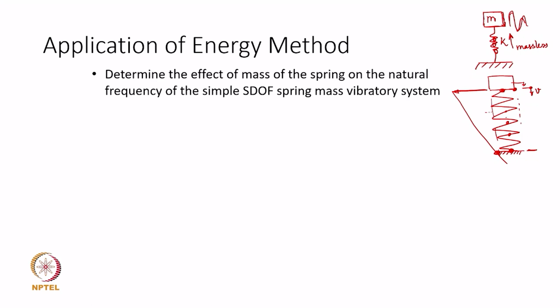So, let us assume a small elemental length of this spring, which I will define as dx, positioned at a distance equal to x from here, and the velocity of this mass is v at its end of the spring, and we assume a linear variation of both this velocity and displacement.